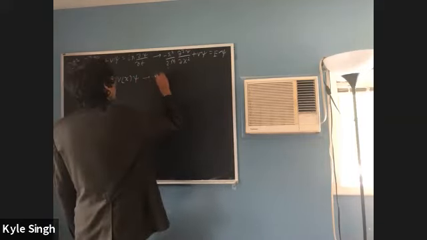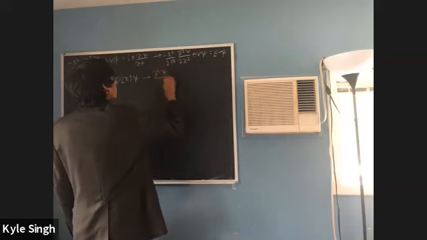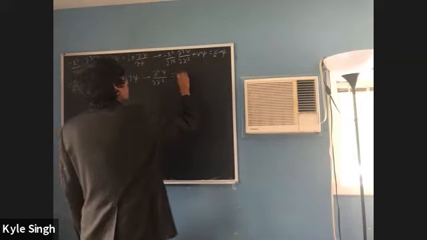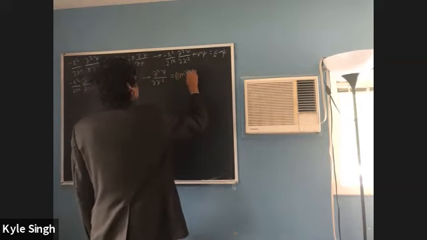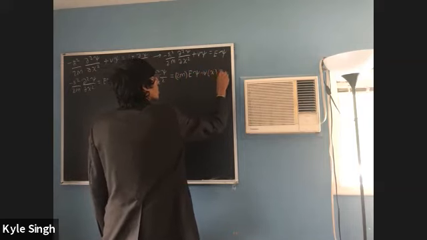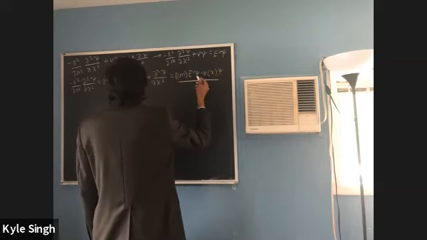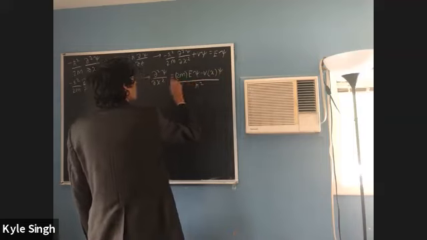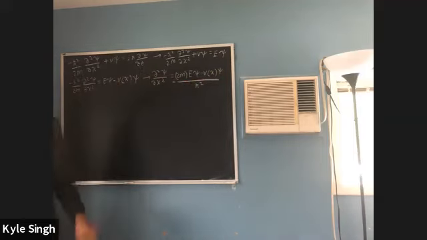So what do I get? I get d2 psi over dx squared equals 2m times E psi minus V of x psi over h bar squared, and I can't forget that minus sign when I move the fraction over.